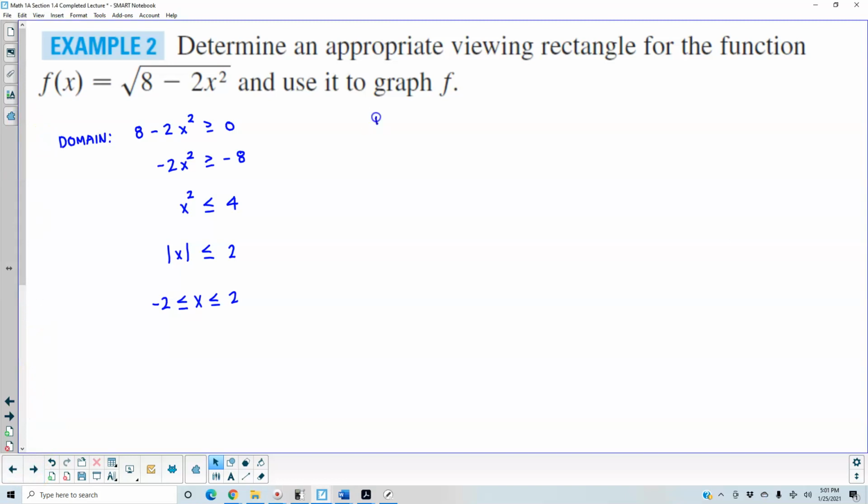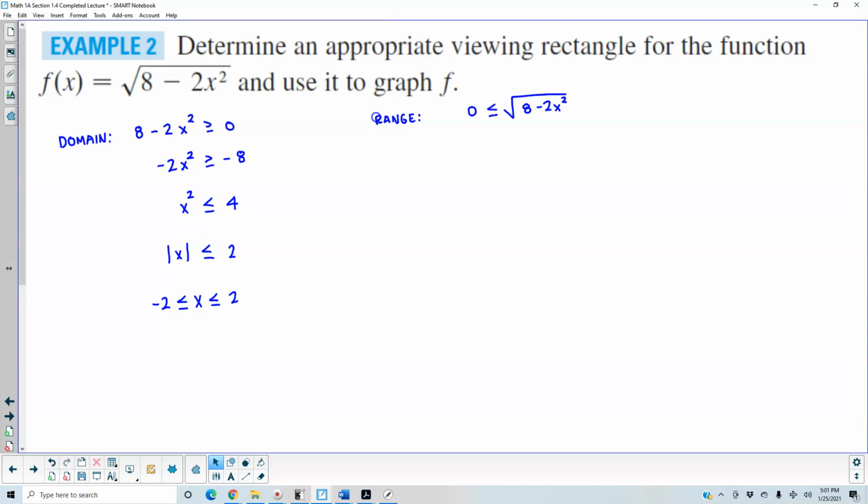So now when we want to find the range of this function, well, we know that this function, the square root of 8 minus 2x squared, is in between two numbers. We know that this has to be greater than or equal to 0.